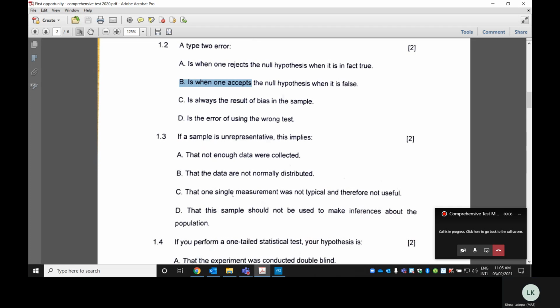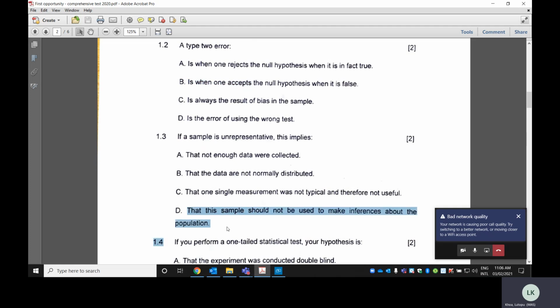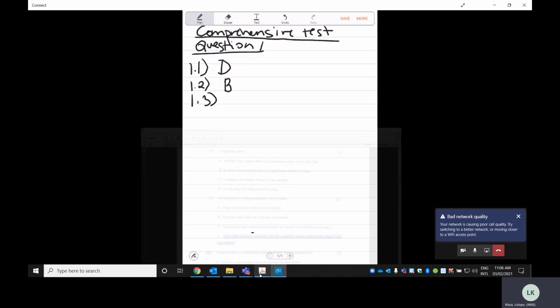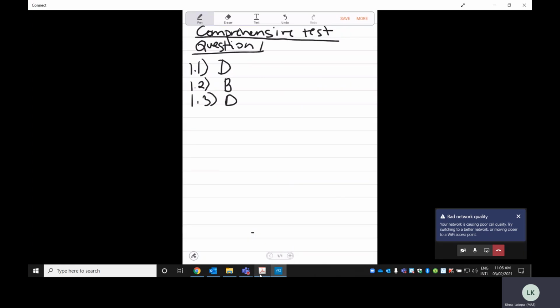Just because 90% of women like it does not mean you go and say 90% of men like my product. So that would not be correct. The correct answer would be D, that the sample should not be used to make any inferences about the population. This is D.